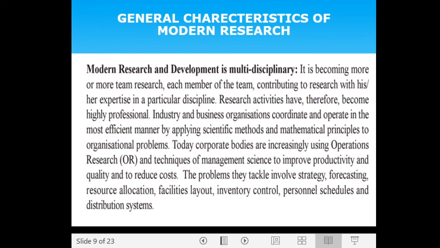Modern research and development is multidisciplinary. Multidisciplinary is nothing but integrating more than one discipline in a field of study. Library science is multidisciplinary because we integrate computer technology, management, communications, journalism, everything. So when you are doing data mining of library usage reports, that is an integration.